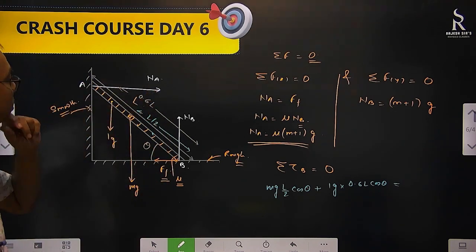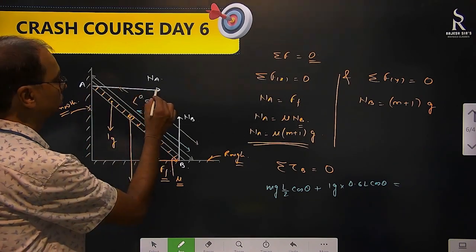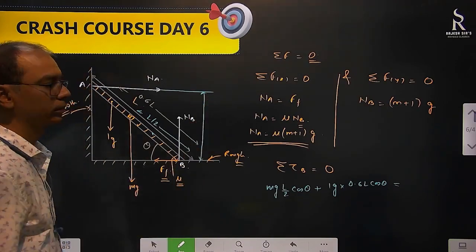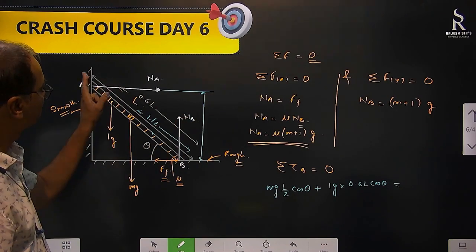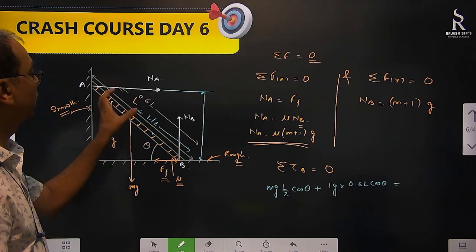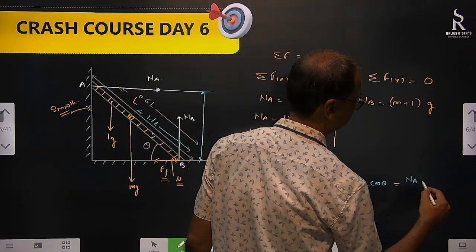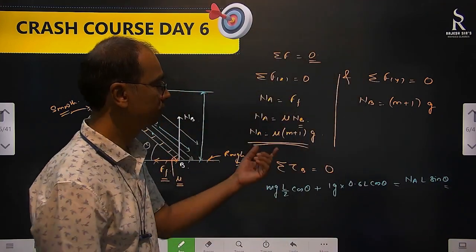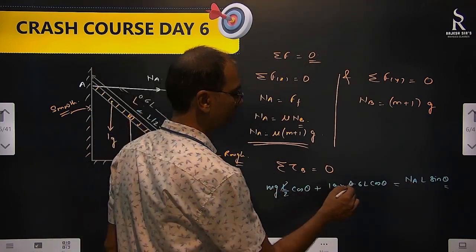NA is acting like this. Now what is the perpendicular distance of NA from this point? This is the perpendicular distance. So NA into this. How much is this? The total is L, this is theta, so this is L sine theta. So NA into L sine theta. That's all. You have the NA value, we'll put it in. First thing, L and L cancelled.